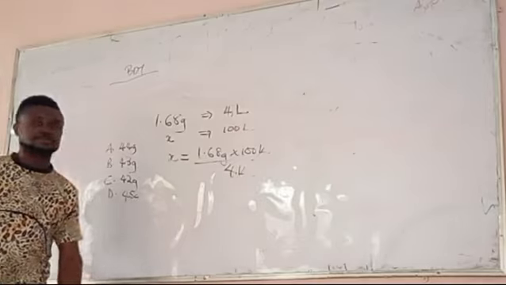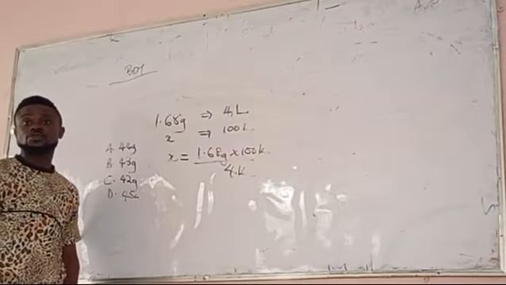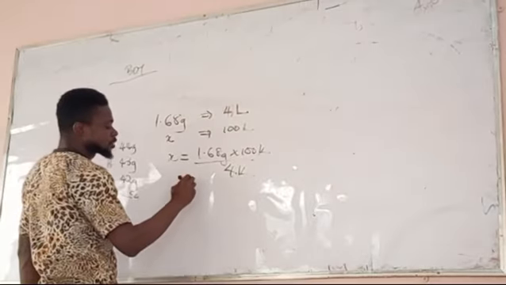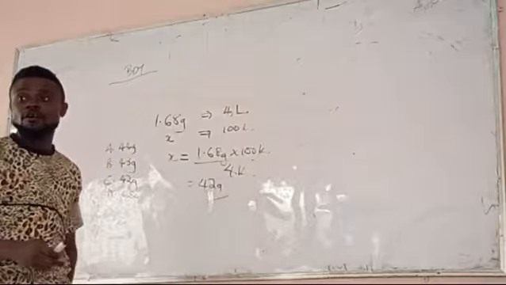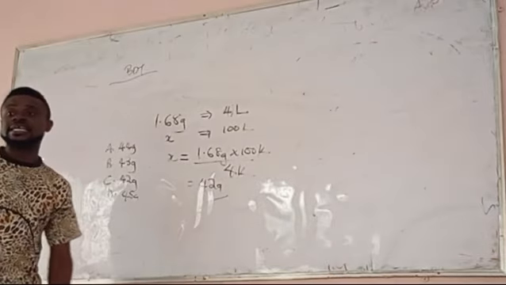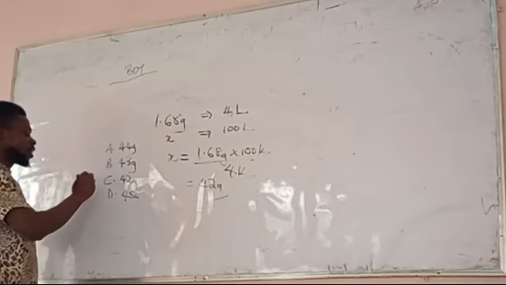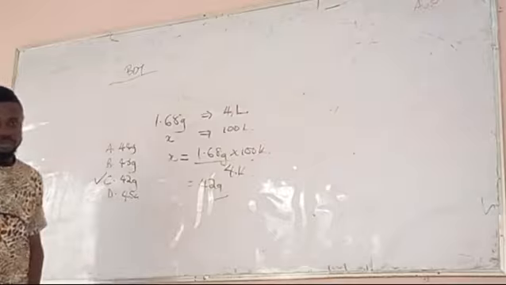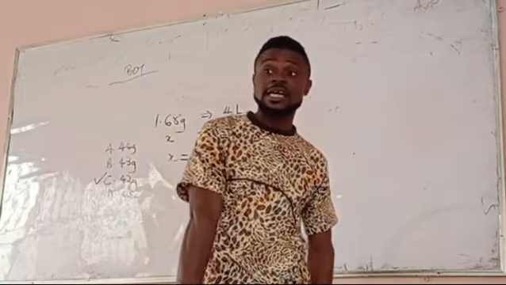What's the answer? 42. So X is 42 gram. So 42 gram of sodium bicarbonate is required to produce 100 liters. Are we together? So what's the answer for the option? Option C. Option C is the answer. Is it clear? Any question here?